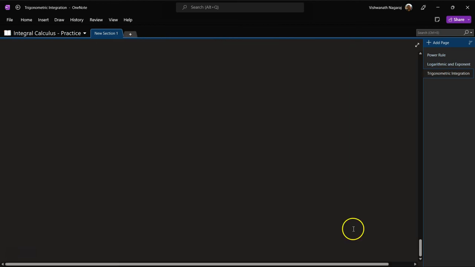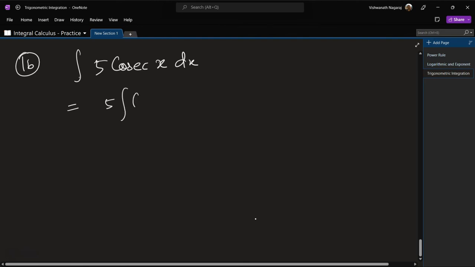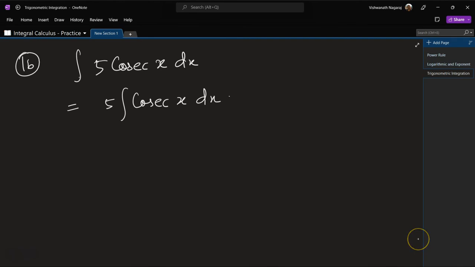Okay. Now 16th one. Integral of 5 cosec x dx. This can be written as 5 integral of cosec x dx. Now something similar to the previous example. Cosec x usually goes with cot. So let's see.